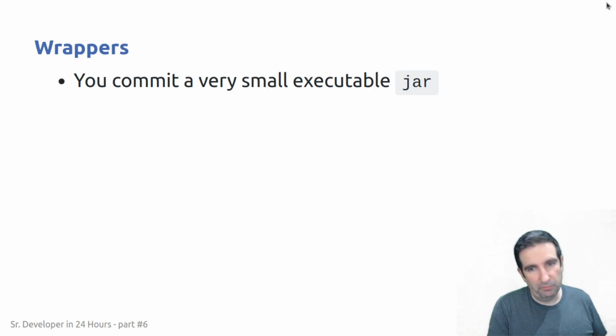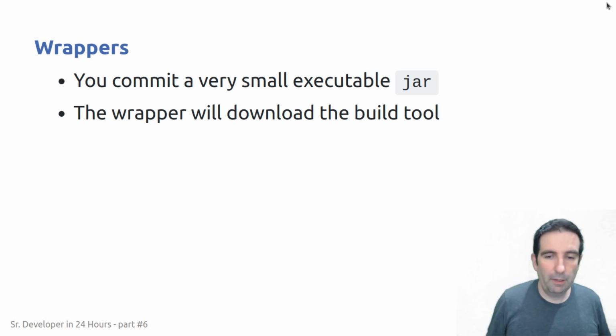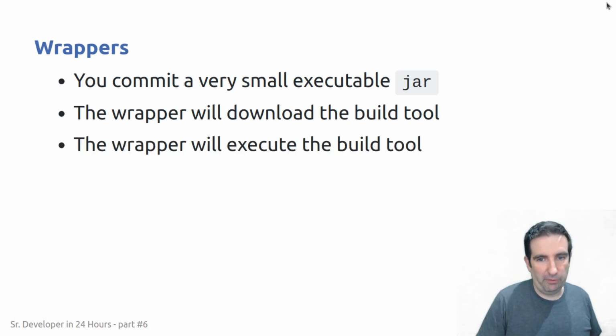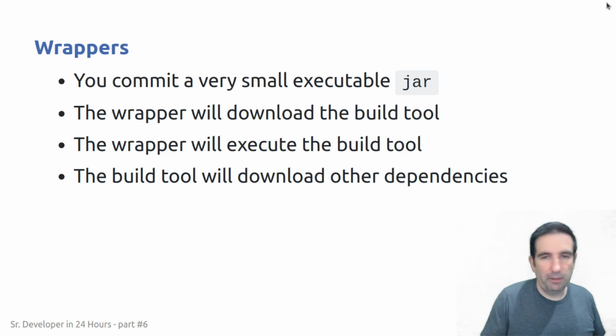Normally, we recommend never commit any executables, never commit any binaries to source control. But for wrappers, we make a tiny exception for this very small executable. And the idea is that this very small executable will download the build tool. It will download the exact version that is configured in our source code. Once we have downloaded that specific version of the build tool, the wrapper will execute the build tool. And then the build tool will do all of the magic, downloading all of the other dependencies, running the executable, and so on.